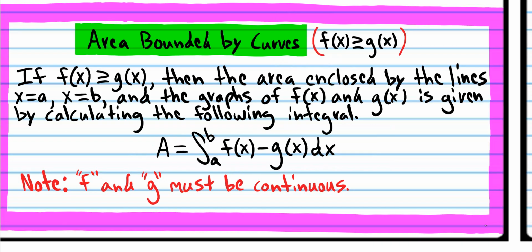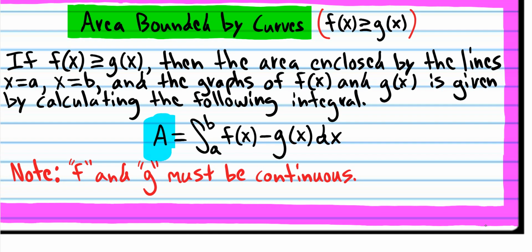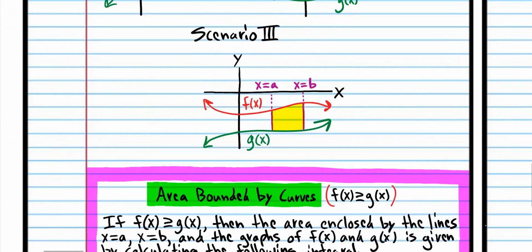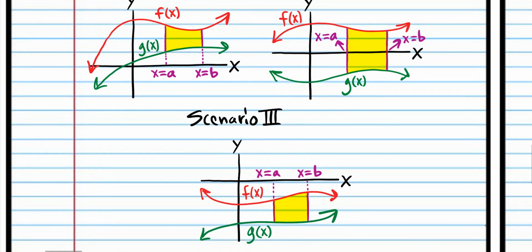In order to find the area, we find the value of the definite integral of the function whose graph is above minus the function whose graph is below, and obviously we integrate from wherever we want to integrate. These would be the vertical lines A and B, these vertical purple lines.